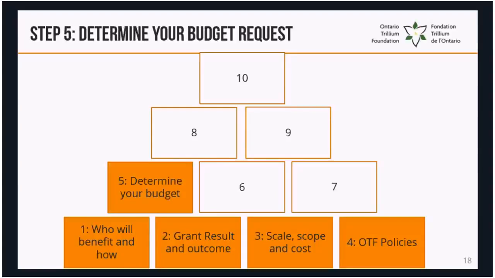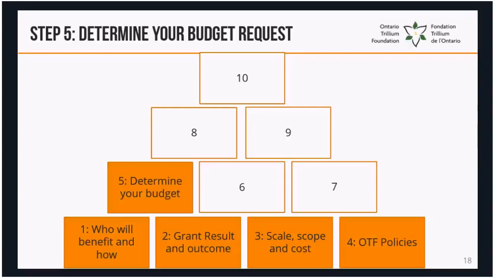Step 5, determine your budget. Determine the costs of each capital item. Eligible costs include renovations or repairs to community spaces, construction of new buildings, with proven need of course, outdoor installations, purchase of land or buildings, equipment, and developmental costs up to 20% of the total budget request.